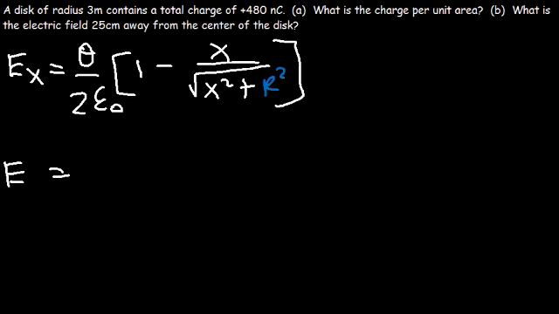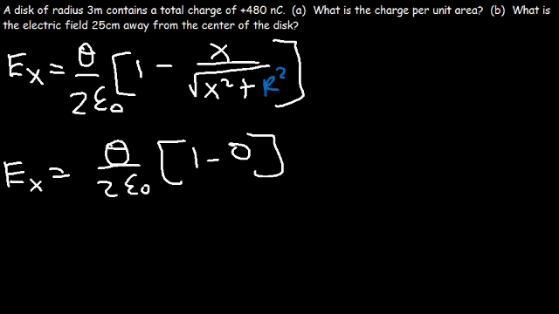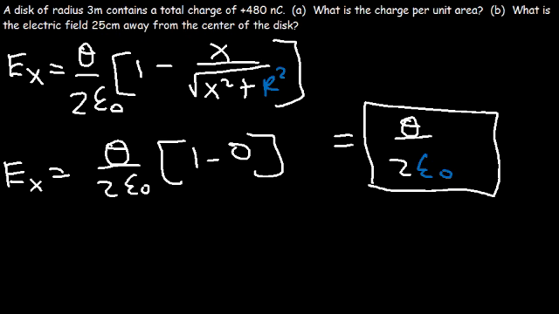So Ex is now equal to sigma over 2 epsilon sub 0 times 1 minus 0, which is therefore equal to sigma over 2 epsilon sub naught. This is the electric field created by an infinite sheet of charge. And that's the equation.